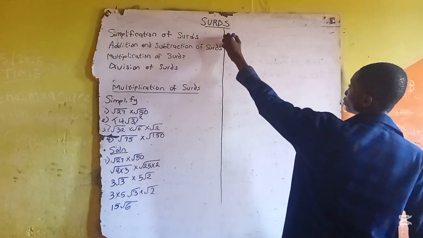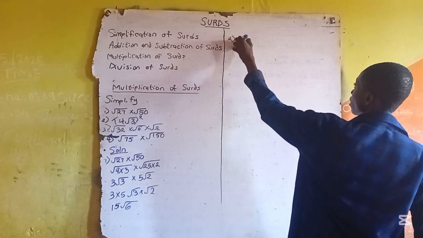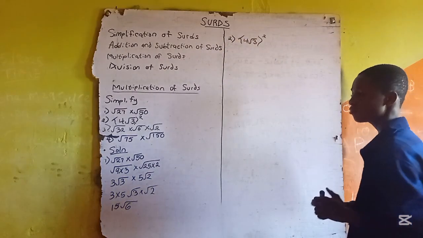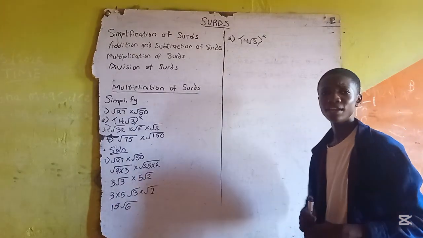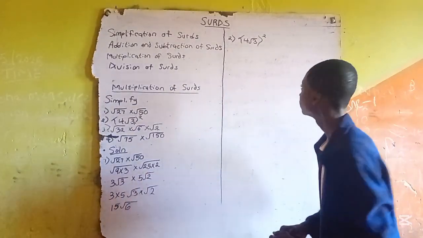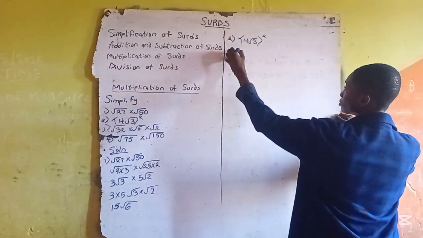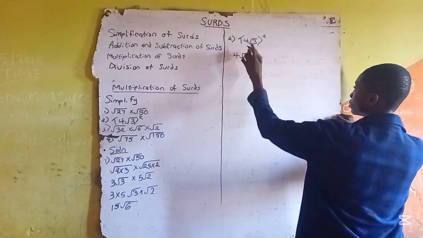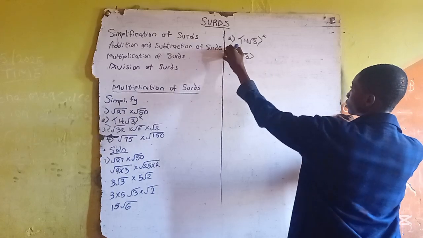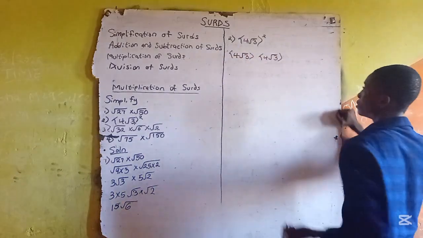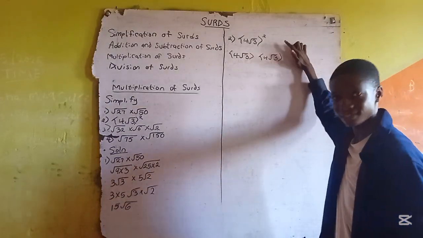The second question, they said 4 root 3 squared. What do they mean by this square? That means 4 root 3 in two places, like this. This one is also the same thing as this.